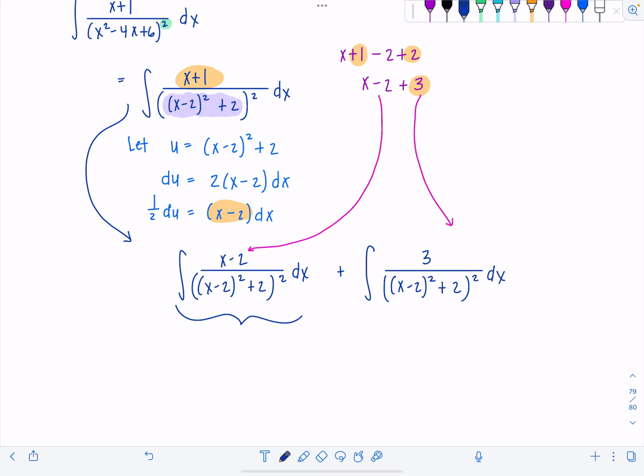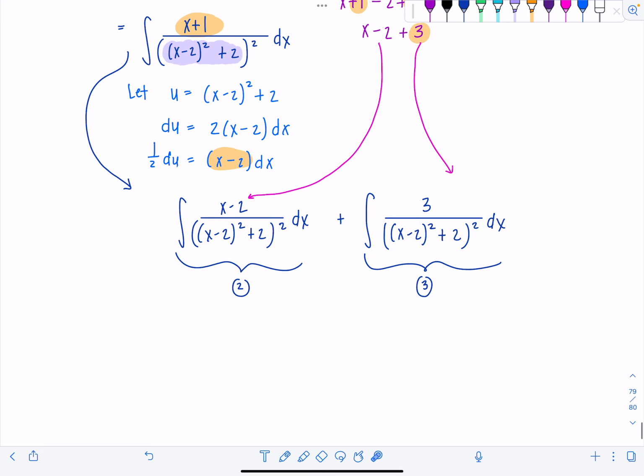So this will be integral number 2 that I do, and this will be integral number 3. I didn't break it up earlier because you don't really realize what this is going to be until you start trying to handle this second part. Do you get what I'm saying? Okay. So anyways, we're pretty much set up to evaluate integral number 2 because we're going to use this u substitution for this guy. This we'll talk about later. Here we go.